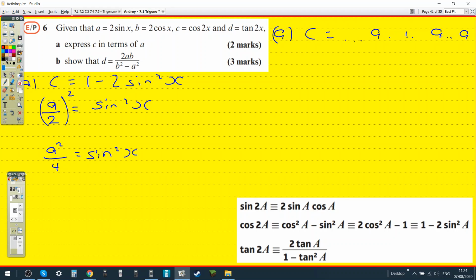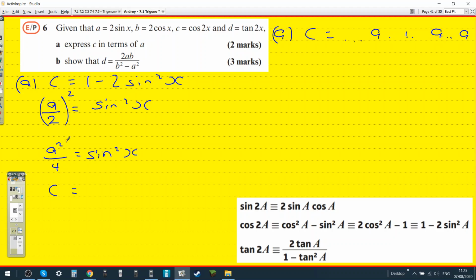It needs to be C equals a. So C is equal to cos 2x. Do I need to somehow get cos 2x from that? At the moment, C has an x in it because of sine squared x.